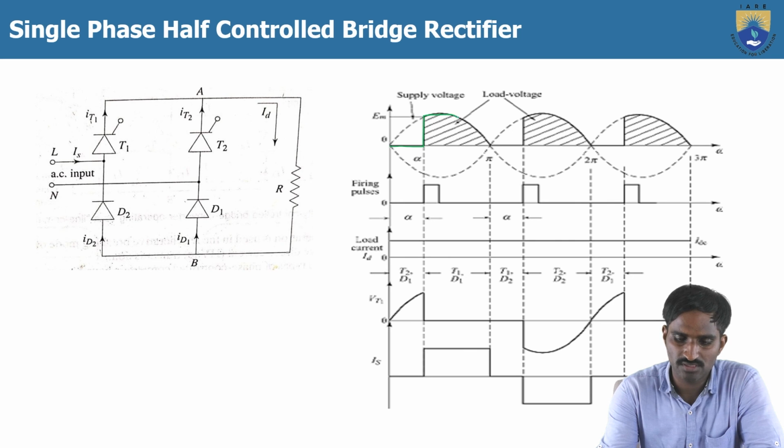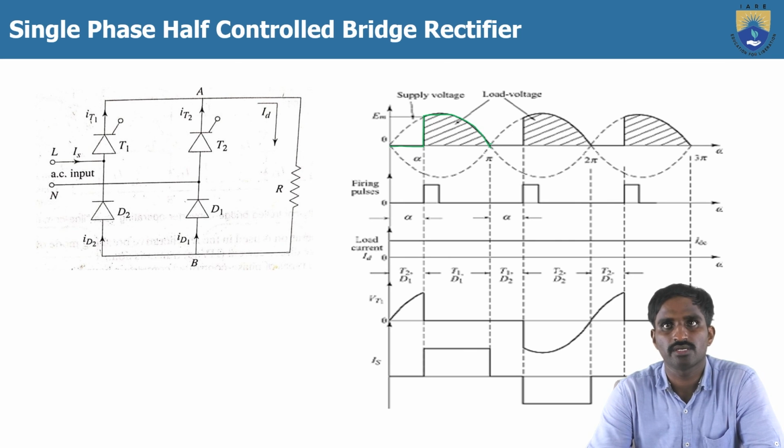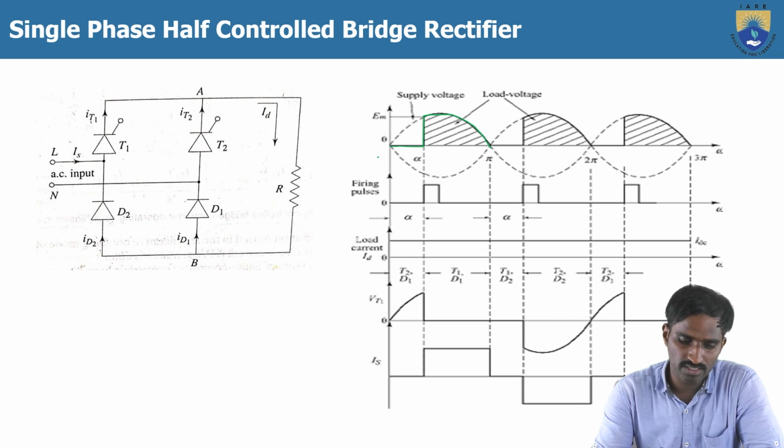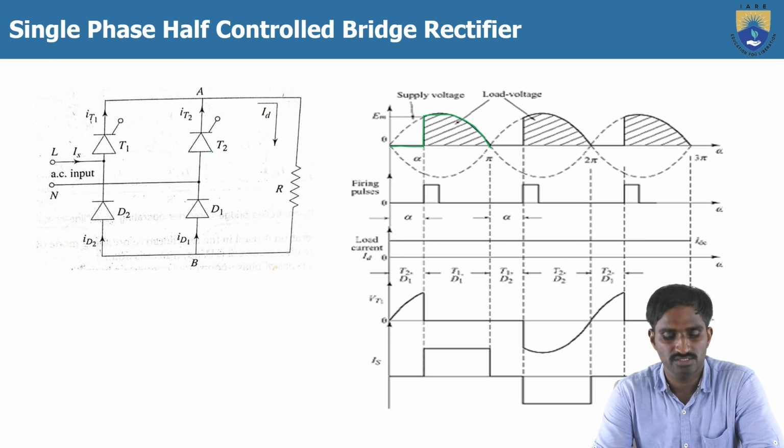Then this is the load voltage. After pi, there is reverse biased voltage across T1 and D1. The diode will not allow the reverse voltage anyway, and because of the reverse bias applied, T1 will turn off immediately. Then forward bias is applied across T2 and D2.